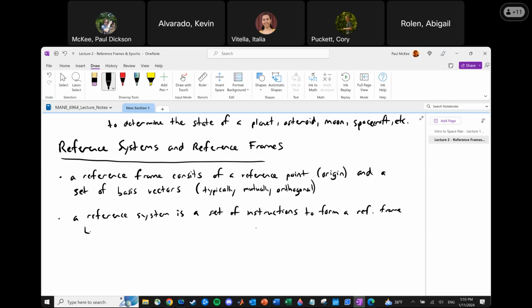So it defines the origin. It defines basis vectors, and algorithms to compute those.